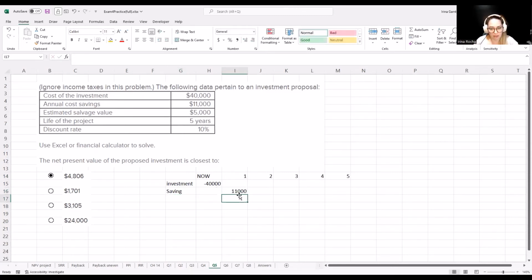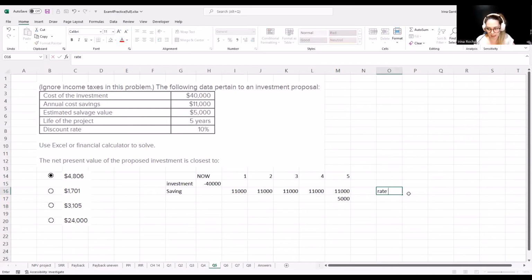Of $11,000 for each of the 5 years, because it's annual. And then at the end of my project, I'm going to sell my machine and get back a salvage value of 5,000. That's also an inflow, so it's positive. My rate is 10%.